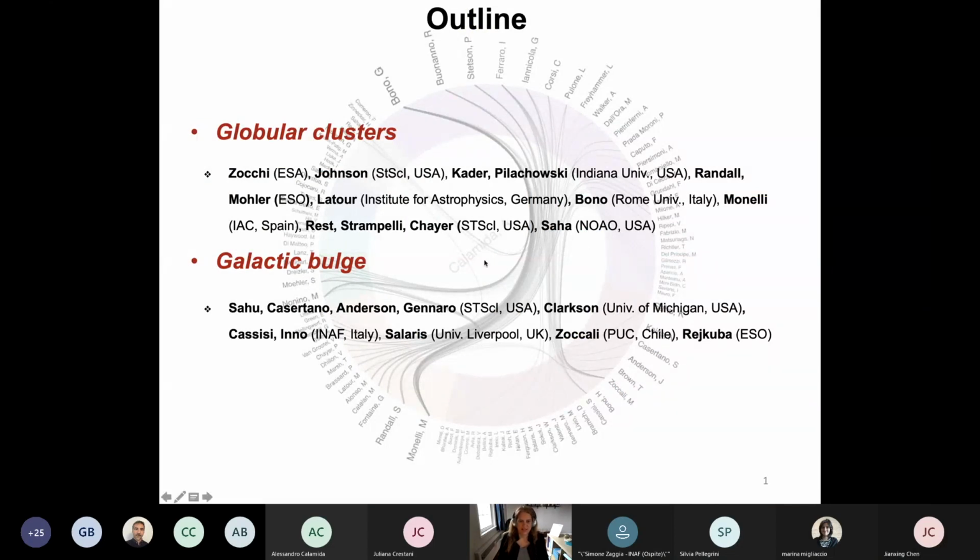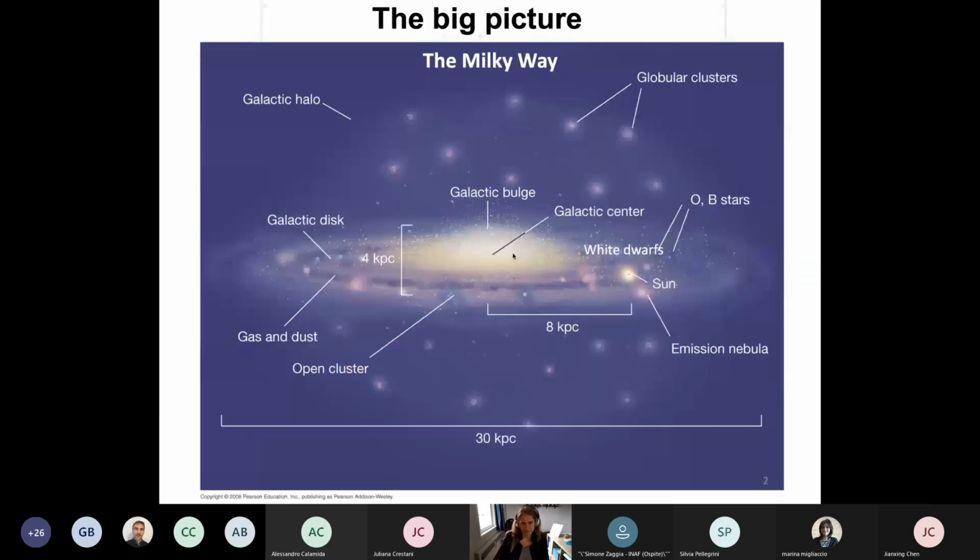So this is my chain of connections. I'm in the center. These are my collaborators, the larger the name, the more I collaborated with that person. The first two thirds of my talk will be focused on globular clusters, and the last third will be more focused on the galactic bulge.